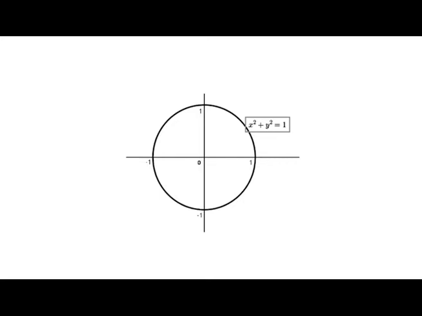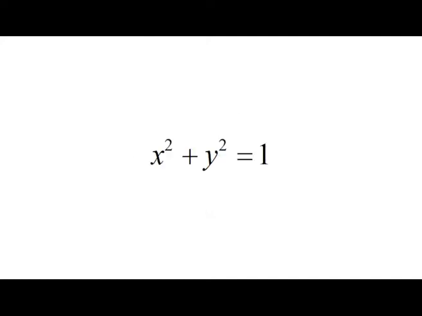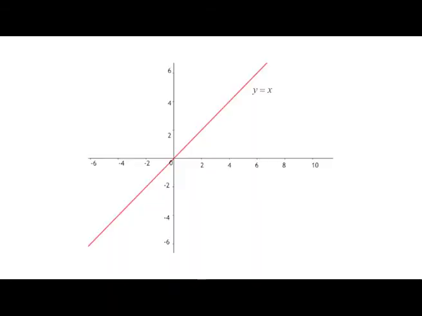These points lie on the circle of radius 1 centered at the origin. This circle is the graph of the equation x square plus y square equal to 1. As another example, the equation y equal to x represents the straight line passing through the origin and having slope 1. In general, the graph of an equation is a curve or straight line.